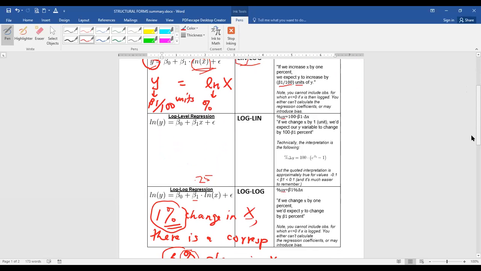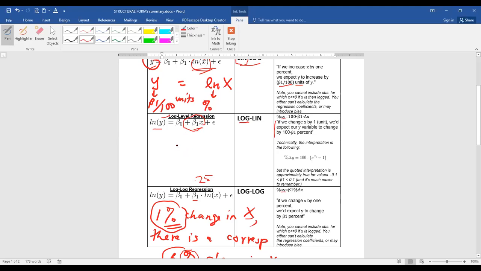How about log-lin? Log level regression. Dito sa log level regression guys, ang nakalog si Y, tapos si X naka-level. Okay, so how do we interpret this? Since X naka-level yan, hindi percent yan, di ba? So how do we read that?